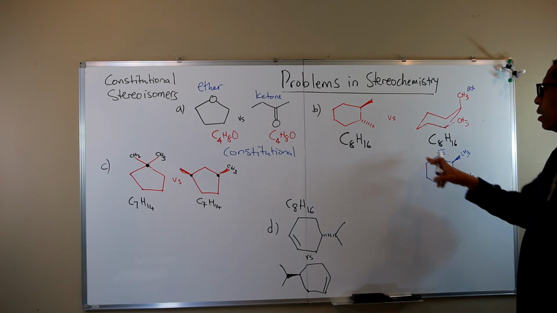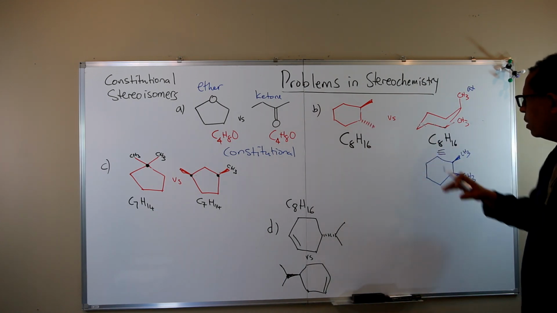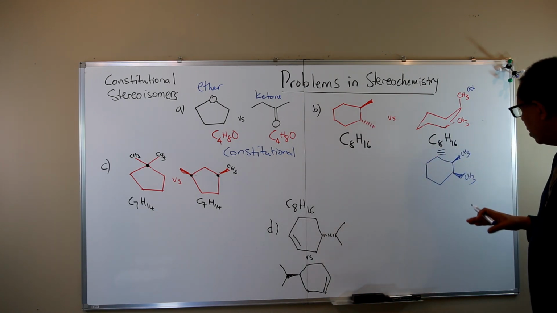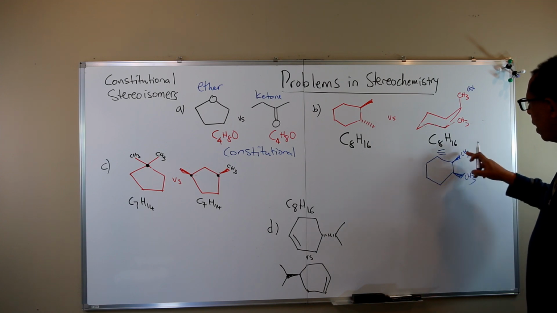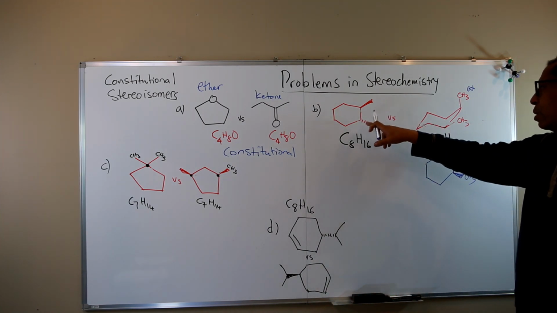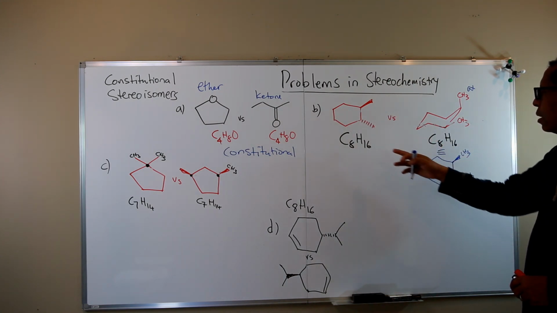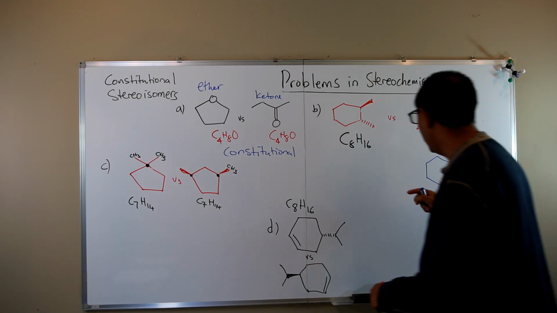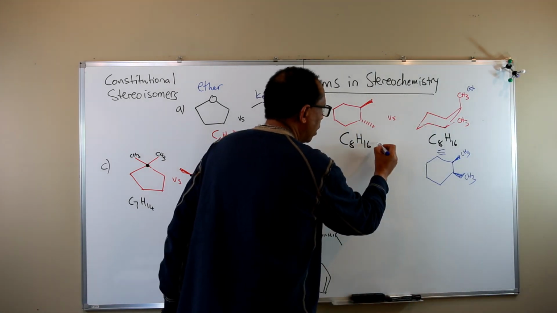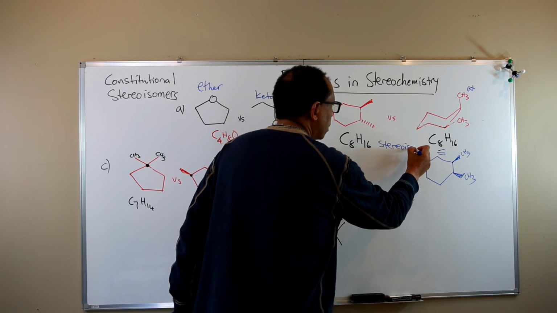So if you just look at these 2, constitutionally they are the same. That means C8H16. Even the bonding pattern is exactly the same. But as you see, there are some differences in how they are oriented in space. Therefore, these 2 qualify as stereoisomers.